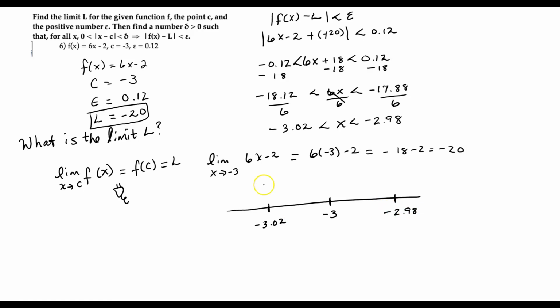And we find if this is A, this is B, and this is C, the number we're investigating to give us the limit of -20, the delta value is equal on both sides of -3. It's 0.02. All right, it's 2/100ths. Okay. So our delta, the other part of this question, is 2/100ths. And that's what it looks like.